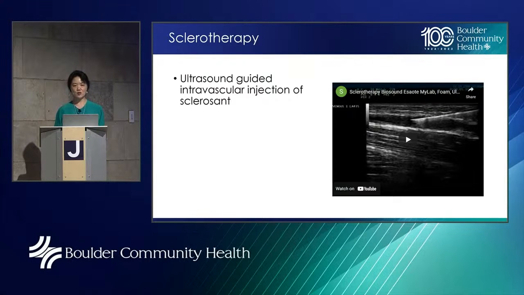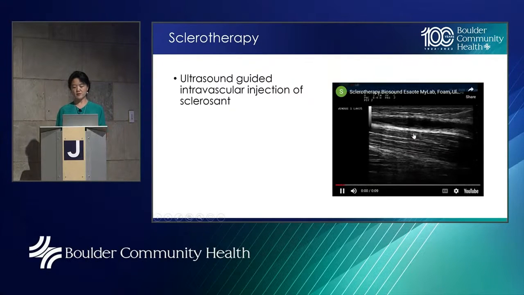So laser treats the straight, big segments of bad veins. Sclerotherapy treats the not so straight, littler side branches that are also broken that need to be treated, because if you don't treat those, they're just going to feed back and create more varicose veins on their own.